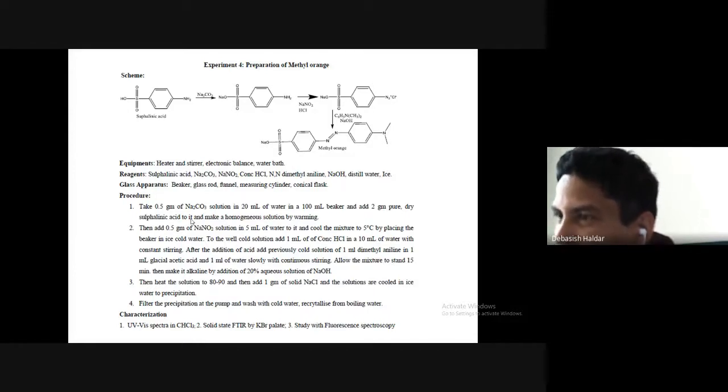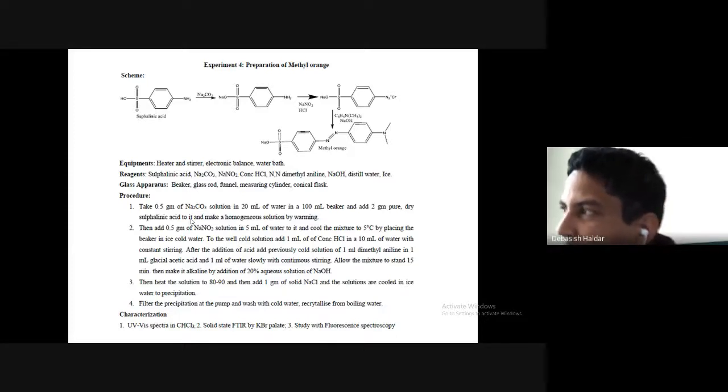Once that is done, we'll add 1 ml N,N-dimethylaniline in 1 ml glacial acetic acid. N,N-dimethylaniline is a liquid, and we'll make a solution of it in glacial acetic acid and 1 ml water. We will also cool that solution in a 0 to 5 degrees centigrade ice water bath, and add it to the reaction mixture.